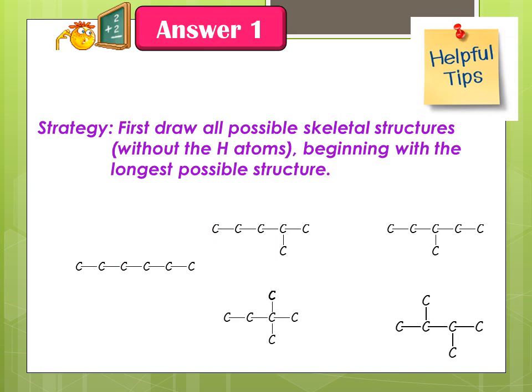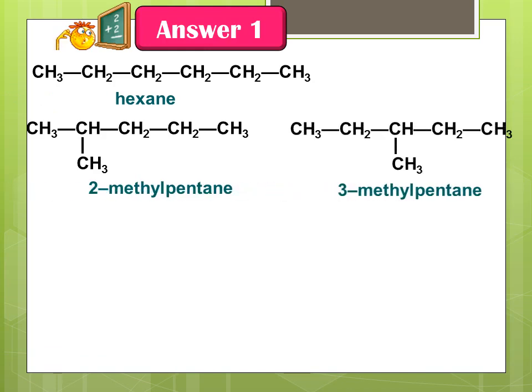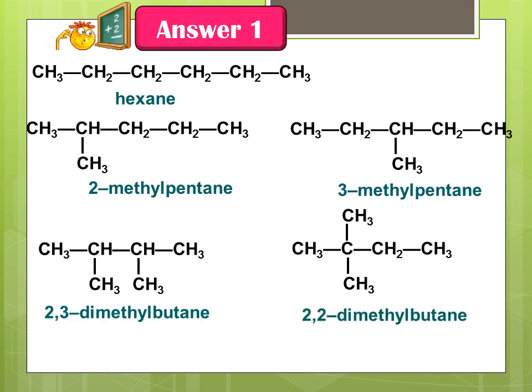Then, each C in the answer would have H drawn near it with a line connecting the C and the H. There are 5 chain isomers for hexane, C6H14.